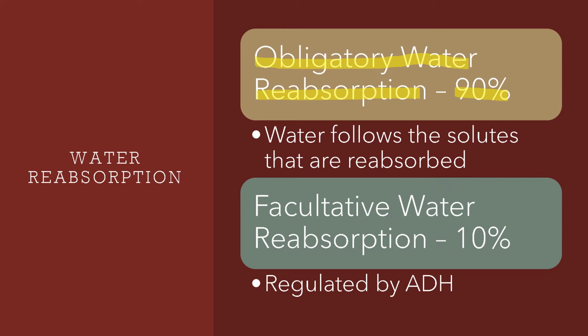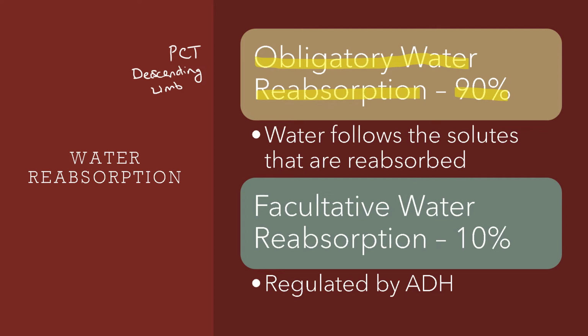This type of water reabsorption occurs in the proximal convoluted tubule, so it occurs in the PCT, and also the descending limb of the nephron loop.